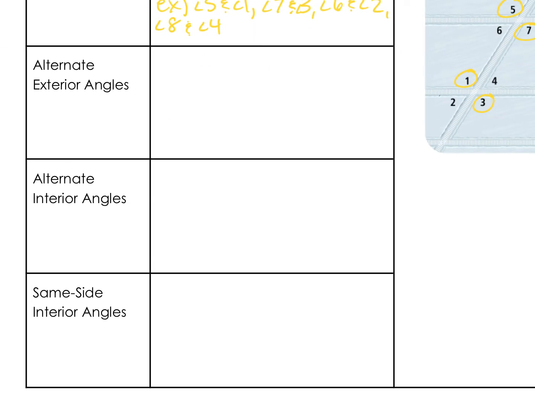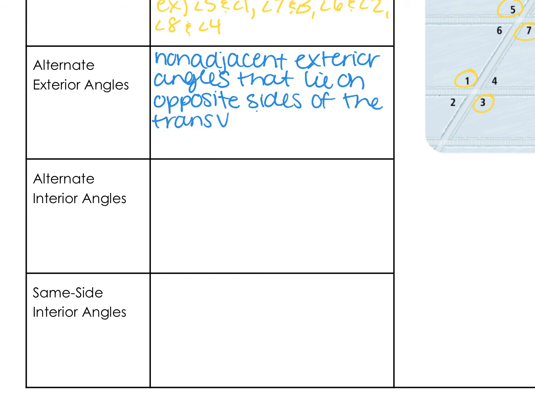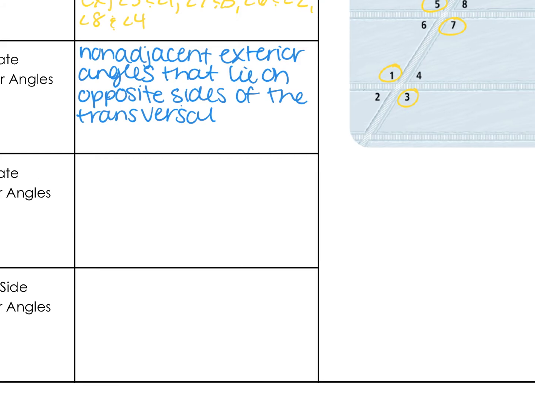Alternate exterior angles, and the words here give a pretty good clue as to what they are. These are non-adjacent angles on the outside, the alternate part that lie on opposite sides, that are on the outside of the parallel lines, and opposite sides of the transversal.